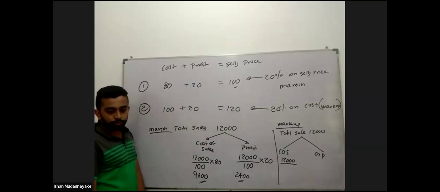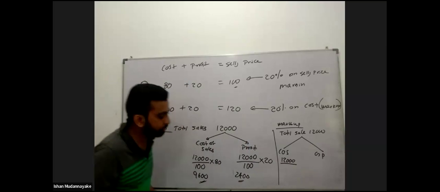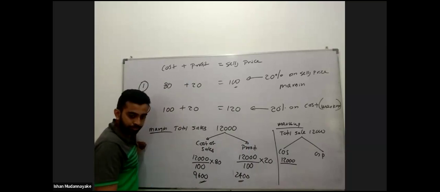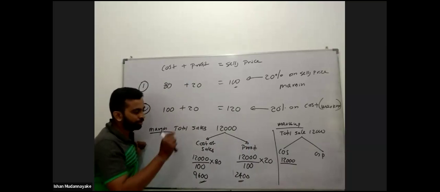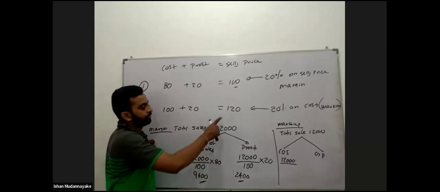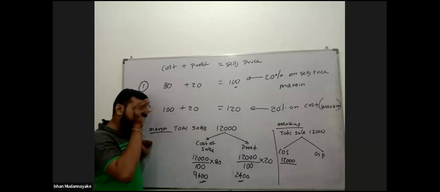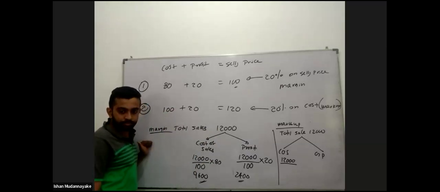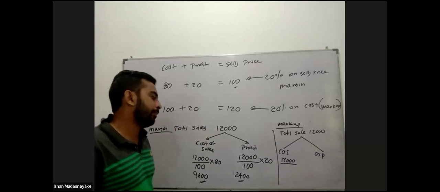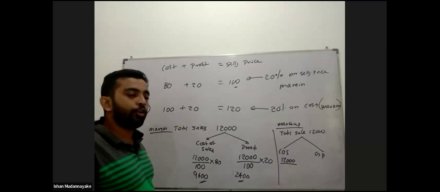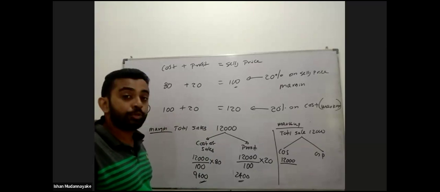Total sales are calculated by multiplying selling price by total quantity. Then, what is the equal amount of this 12,000?